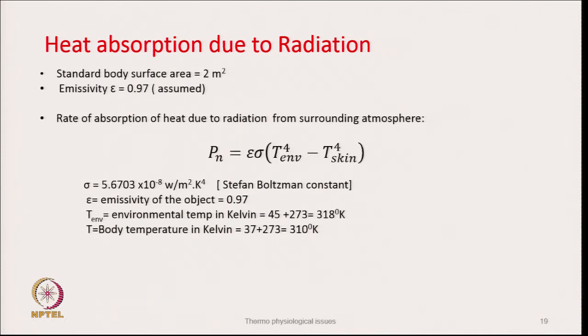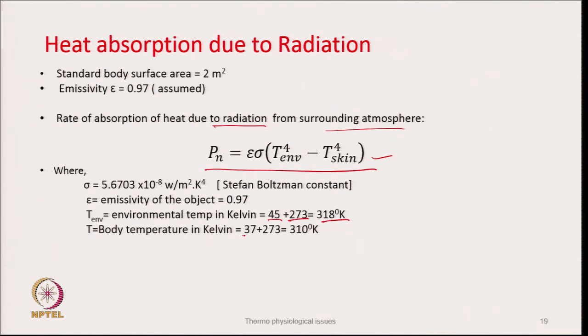So, the rate of absorption of heat due to radiation from the surroundings can be found from this equation: P net equals epsilon sigma times T environmental to the power 4 minus T skin to the power 4, both in Kelvin. This is what we have already stated earlier. The environmental temperature is 45, so 45 plus 273 gives the temperature in Kelvin.